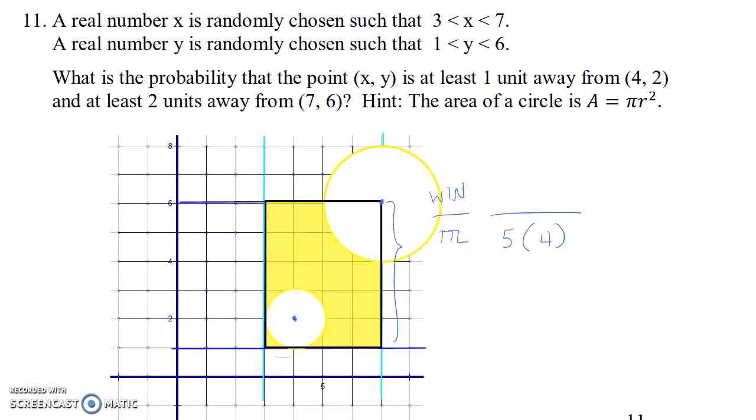And then my winning region would be that region, which is 20, minus this circle, whose radius is 1. So the radius squared times pi, I have to subtract that out. I also have to subtract out the quarter, the 90 over 360, which is the percentage of the larger circle, whose radius is 2.